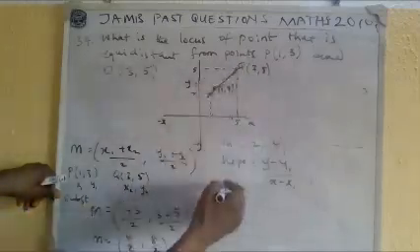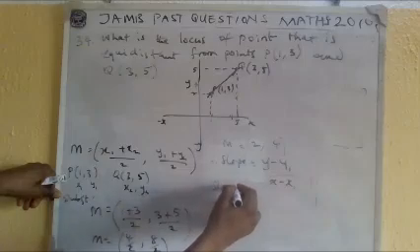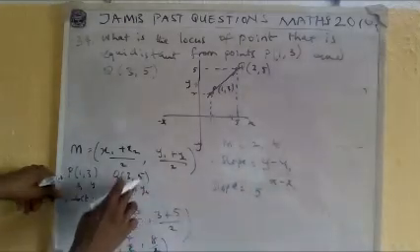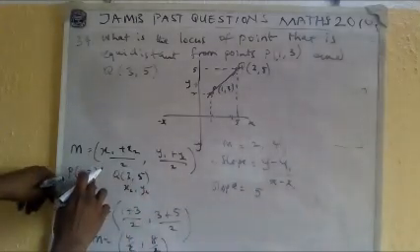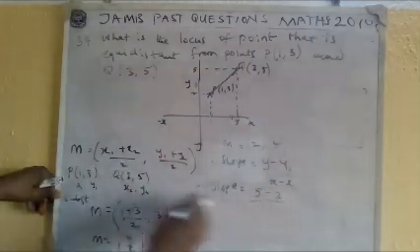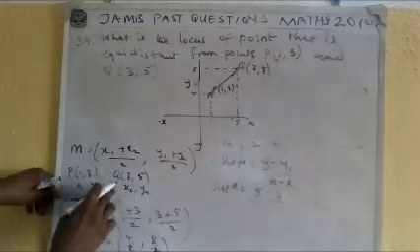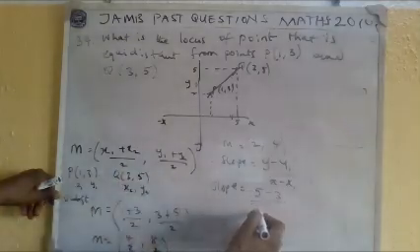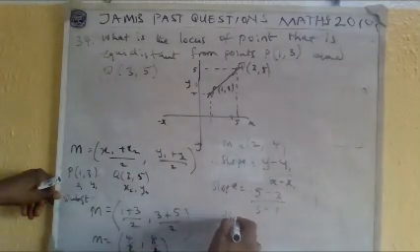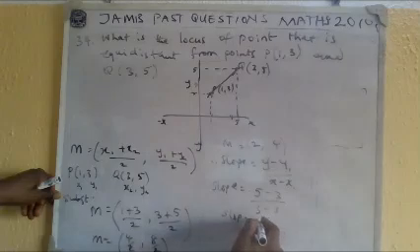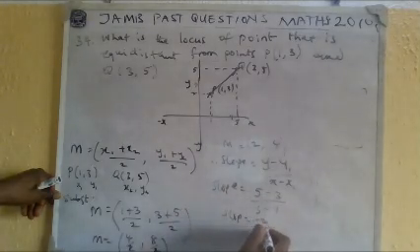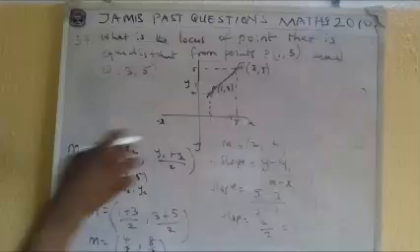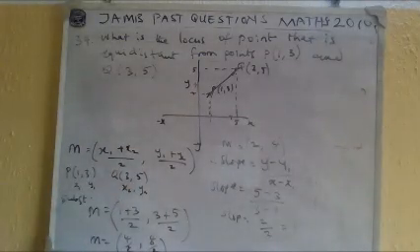It's for these two. So slope is equal to 5, which is this 5, minus 3, which is this 3, all over 3 minus 1. So slope is equal to 5 minus 3 is 2, over 2. Slope is equal to 1. So I've gotten slope, I've gotten midpoints.